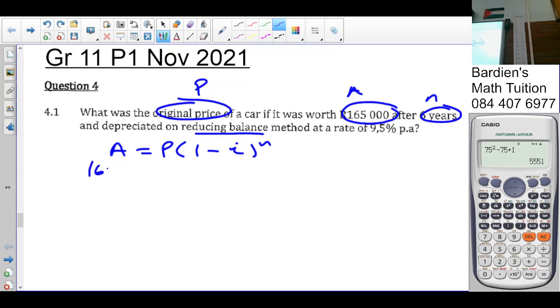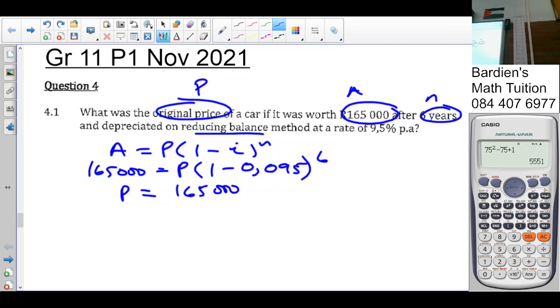So A is 165,000, P equals P into 1 minus, we are told the reducing balance method at the rate of 9,5, so 0,095 to the exponent 6. To get P on its own, I'm going to say 165,000 over 1 minus 0,095 to the exponent 6.